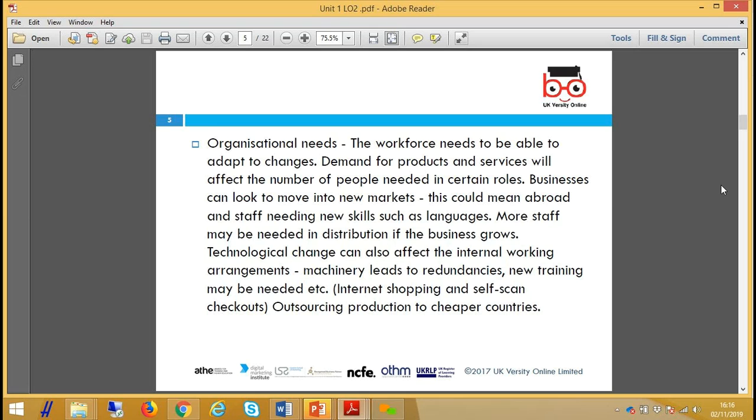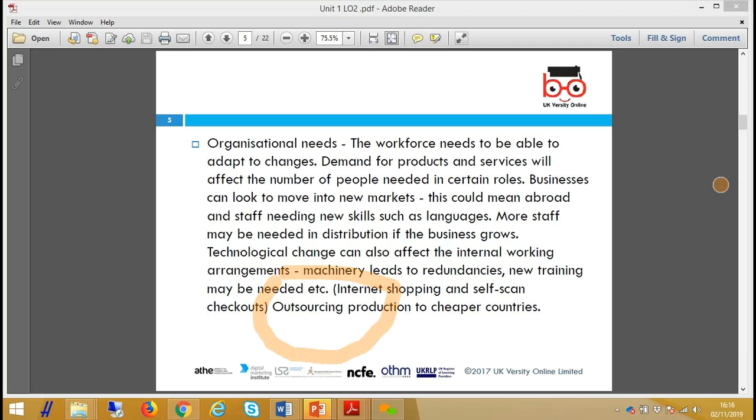Some organizations will do this, which is at this stage they would start looking at the possibility of outsourcing and offshoring. So as part of your HR planning process, you may consider the option of outsourcing and offshoring.